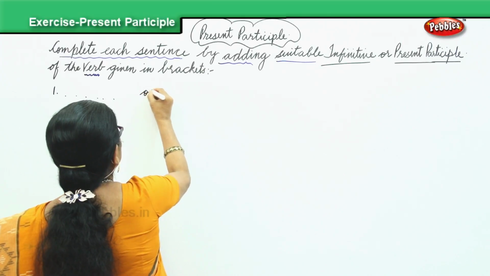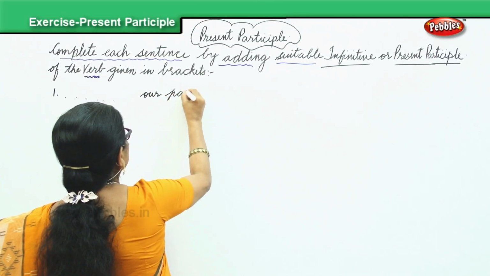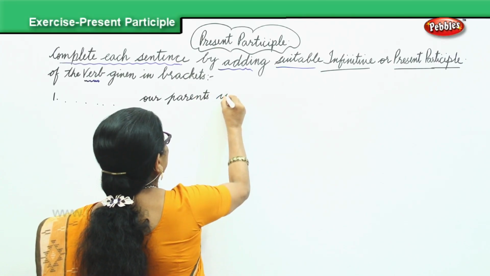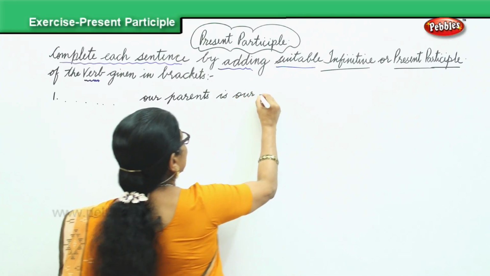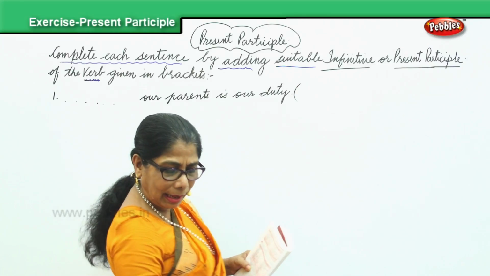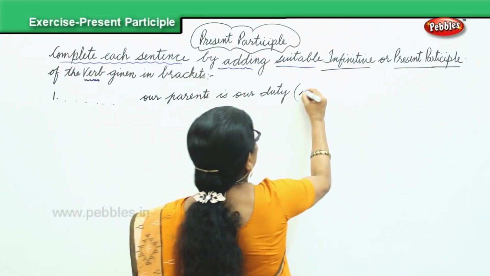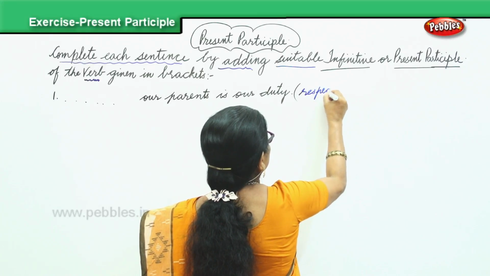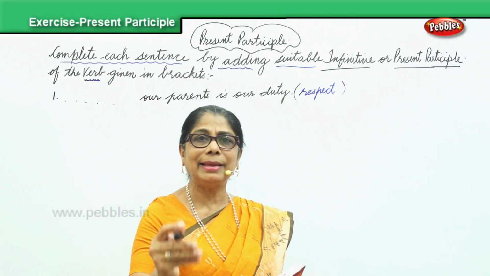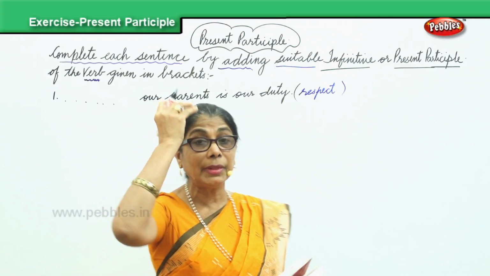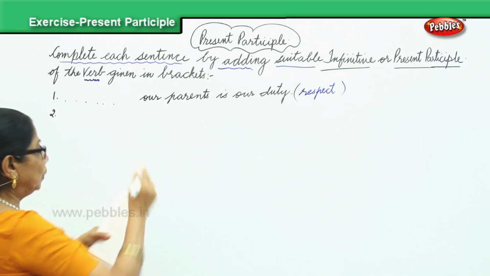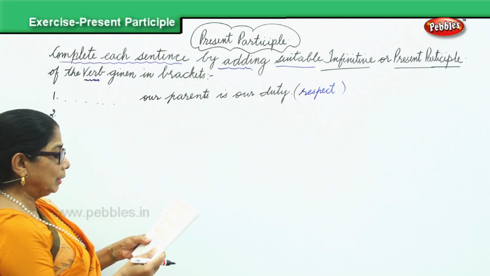And the word given in the bracket says respect. So now, remember the present participle. When you say present participle, the verb ends in ing. So keep on thinking how we are going to put the verb into the sentence to complete it.